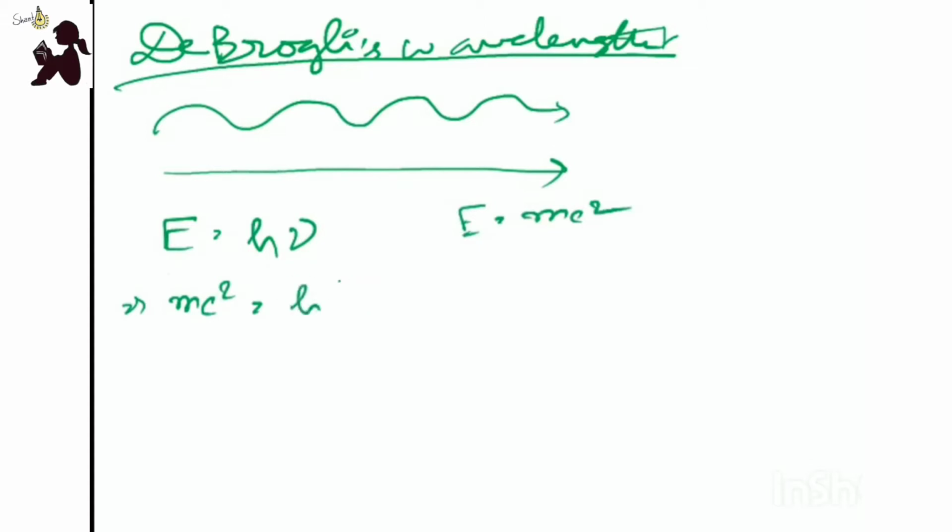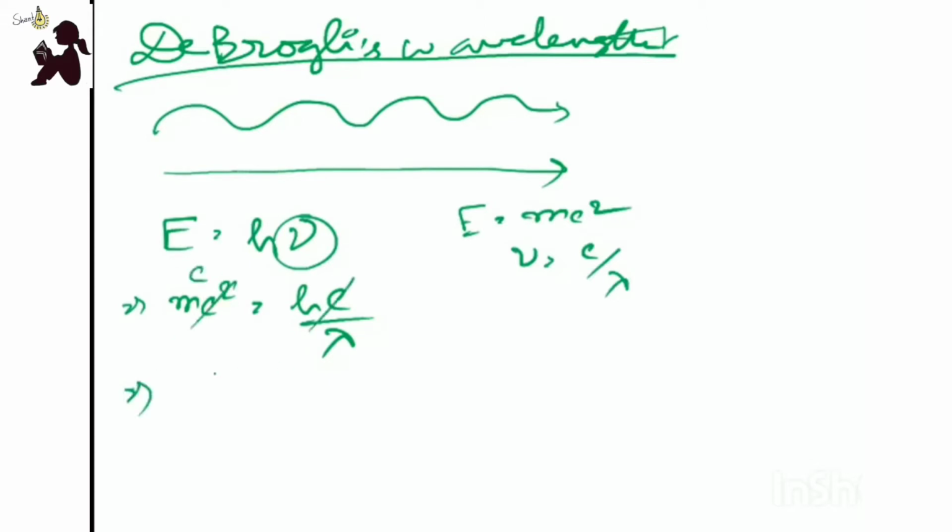So E can be written as hc by lambda, because mu is equal to velocity by wavelength.